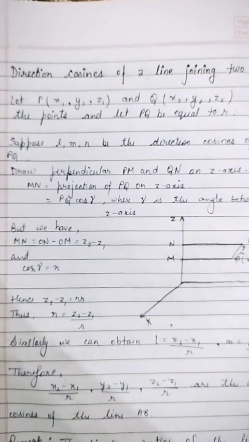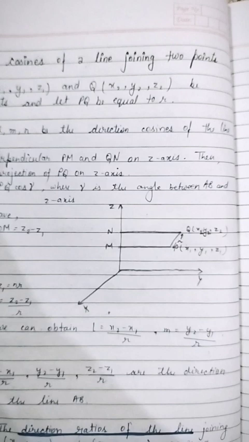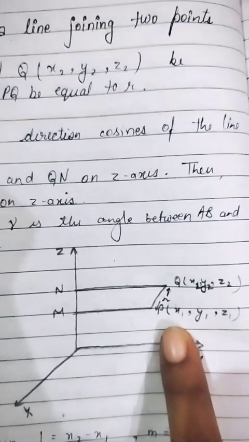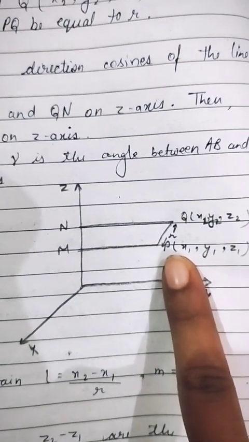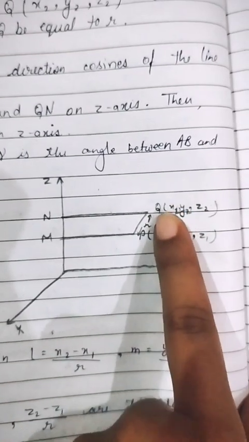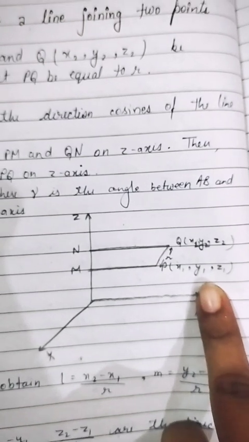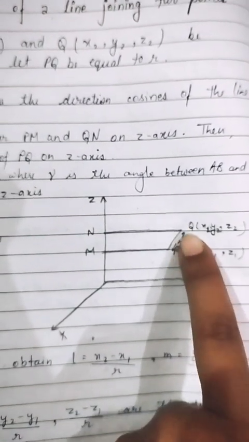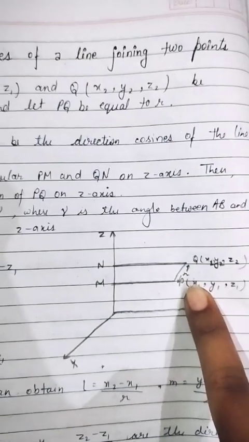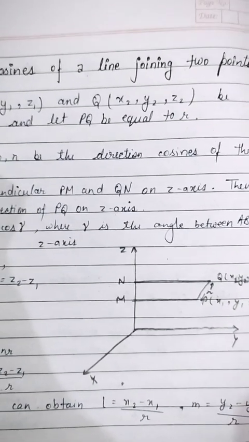So these are the two points. Let this be the line PQ. Here you can see in this diagram, this is the point P and this is point Q, with their coordinates respectively, and the distance between P and Q we have taken as r.